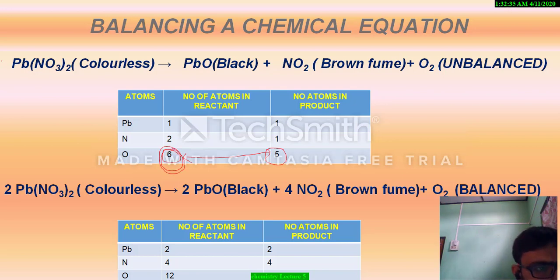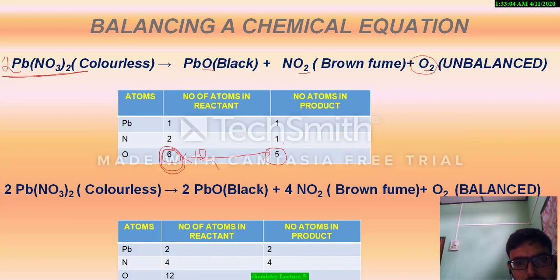if I put here 2, the total number of oxygen on this side will become 3 into 6, 12, but this side is still 5. Now this is 2, and this is 2, 4, and this is 1, total 5.